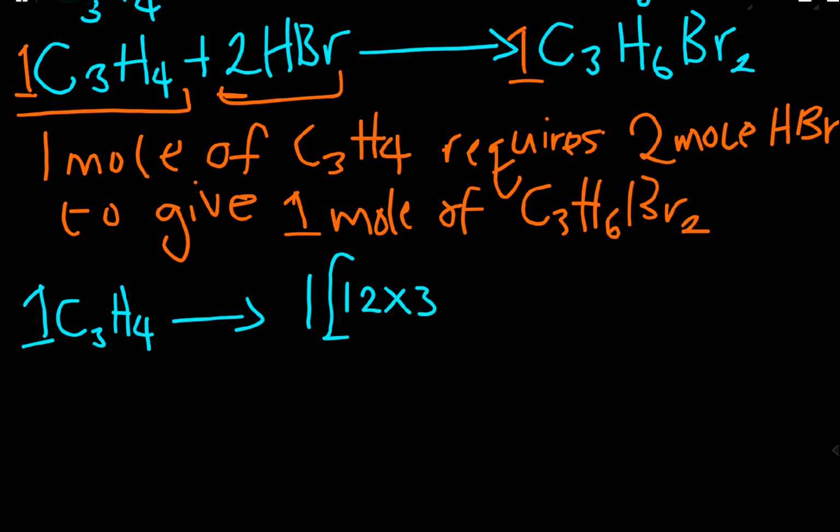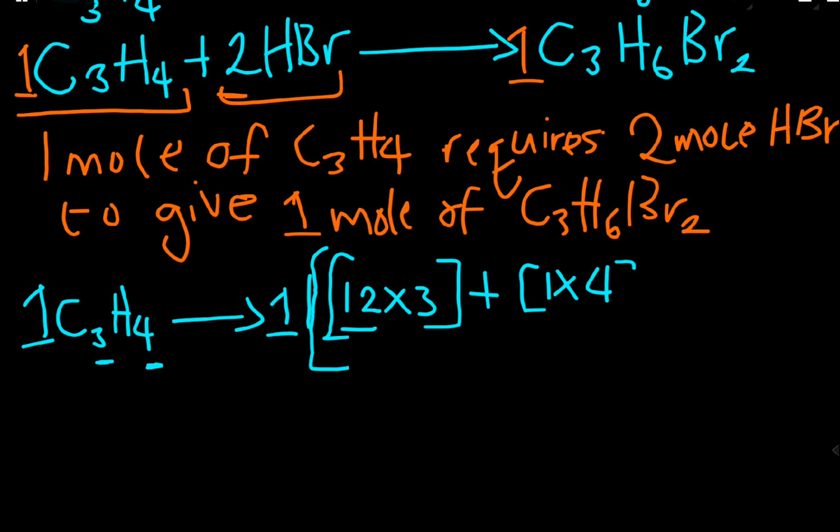Don't forget the atomic mass of carbon is 12, so I just say 12 times 3 here, close bracket, plus hydrogen is 1 times 4, the atomic mass of hydrogen is 1 times the number of atoms here, 4.